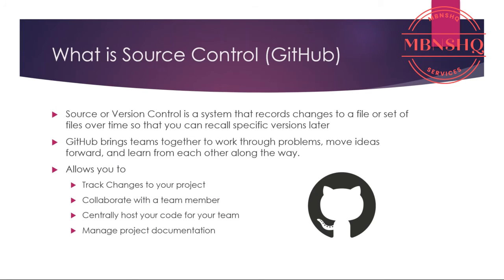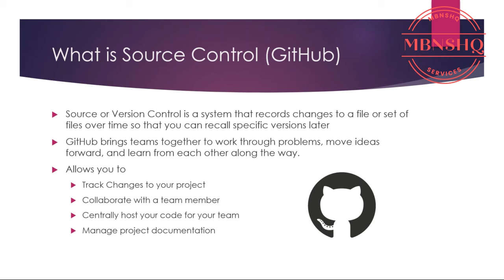Now, every step of the way, we will want to track our progress, and we will be doing this using source control and more specifically through GitHub. Now, GitHub, or by extension, source control, allows you to track changes to your project, collaborate with team members if you have to work in a team setting. Instead of copying and pasting code files, you can just upload to a central place that everybody has access to all of your changes.